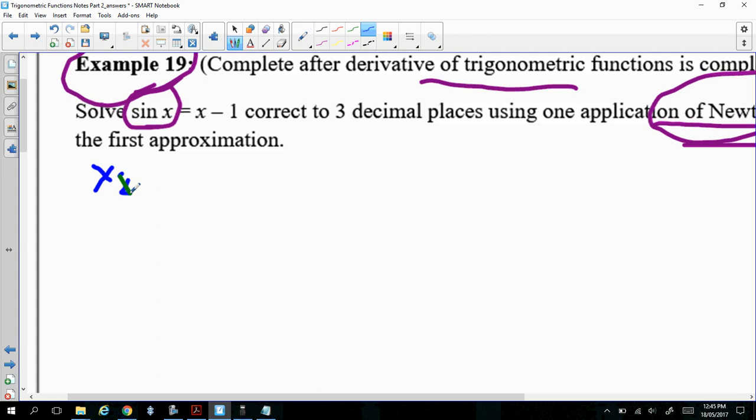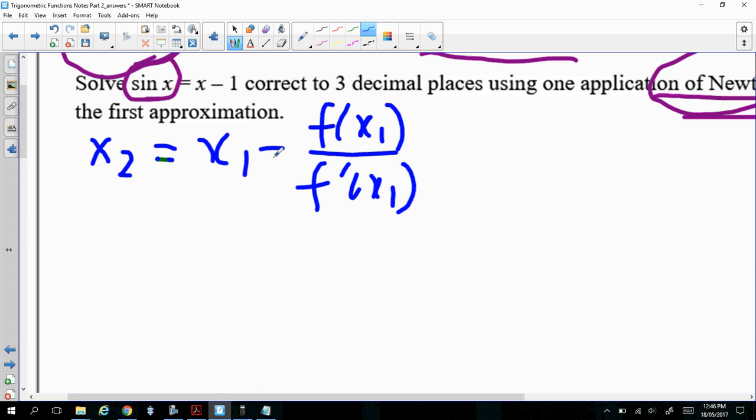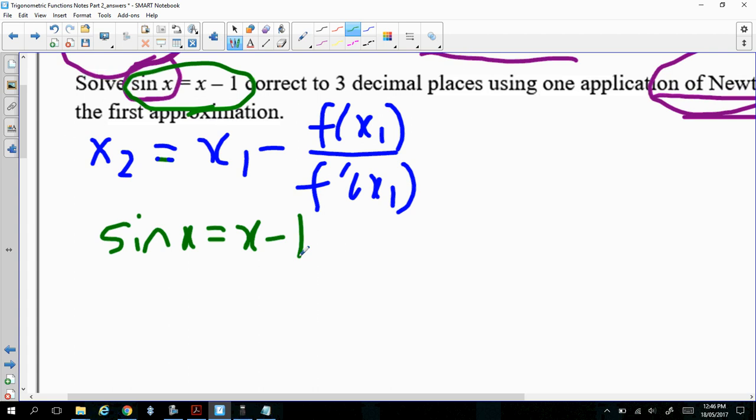If I want to solve this equation, sine x equals x minus 1, we move all the x terms to the other side. So sine x minus x plus 1 equals 0. Then we call this f of x, and we differentiate to find f dash of x.